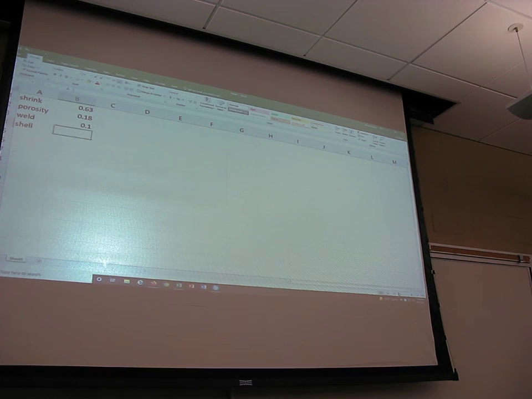Next one, hard alpha, 3%, 0.03. And the last one, tungsten, 1%, which is 1 cent, 0.01.